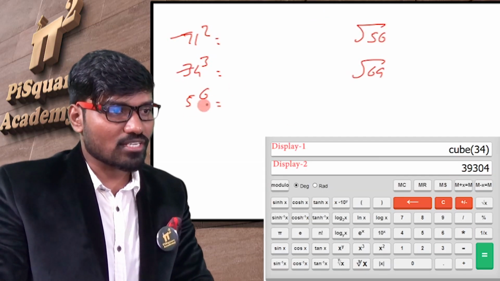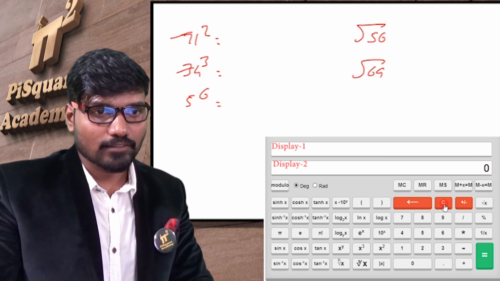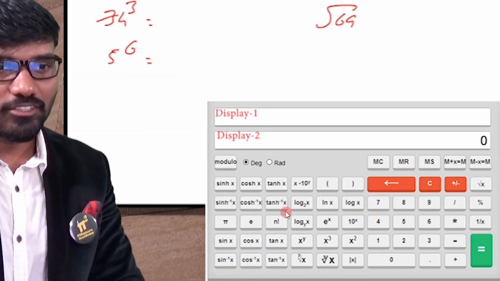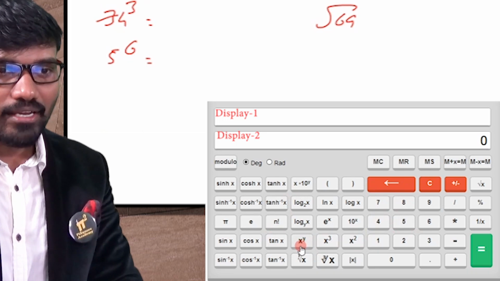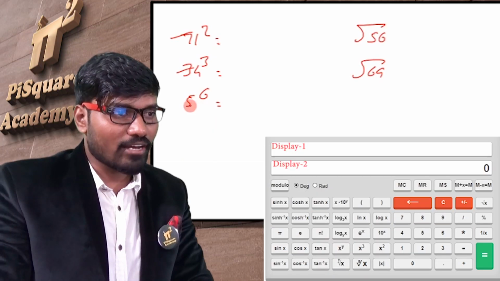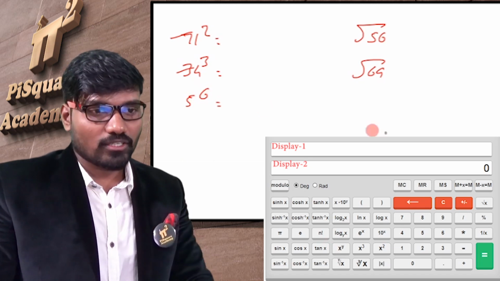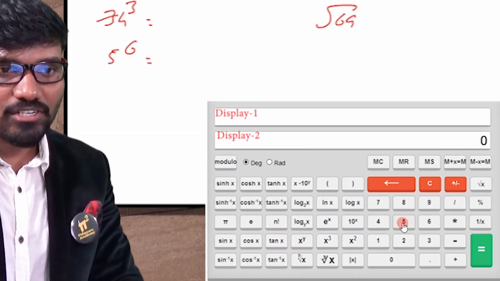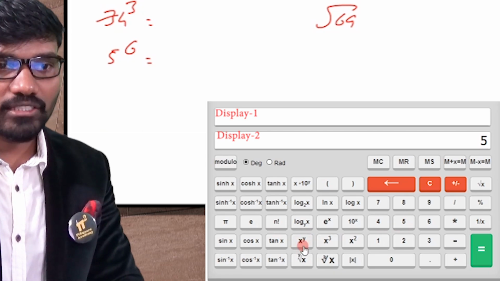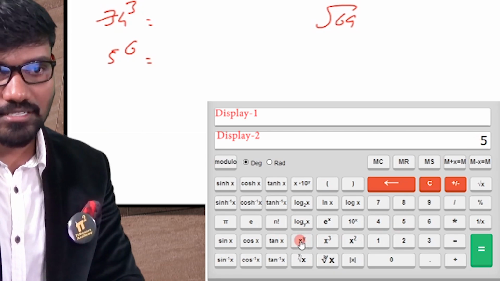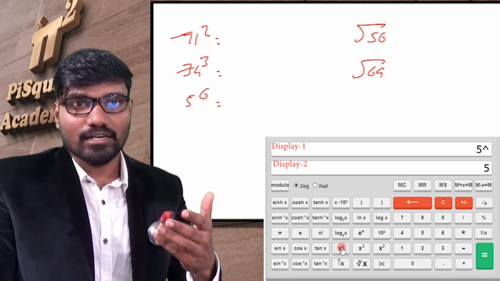Now next one. This is over. 5 power 6. Let's see how to do that. Clear it. Do you have any 5 power something? No, nothing like that. But here see, x power y. Means this is the value of x and this is the value of y. First x always. So I need to enter the value of 5 first. Then if I hit this, it will take this 5 value as x and it will wait for the y command.